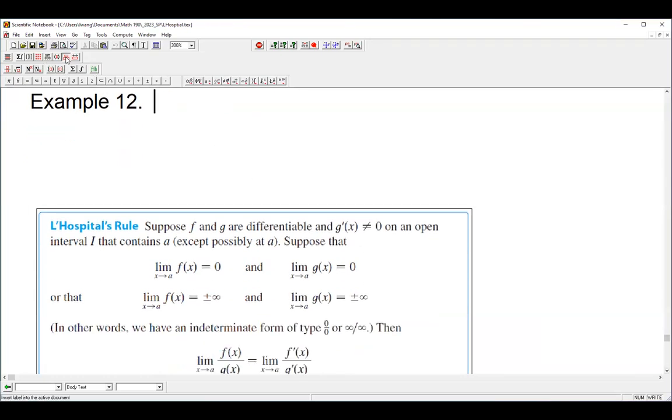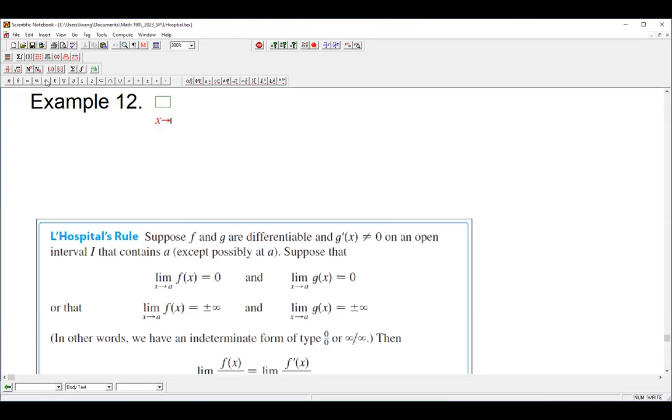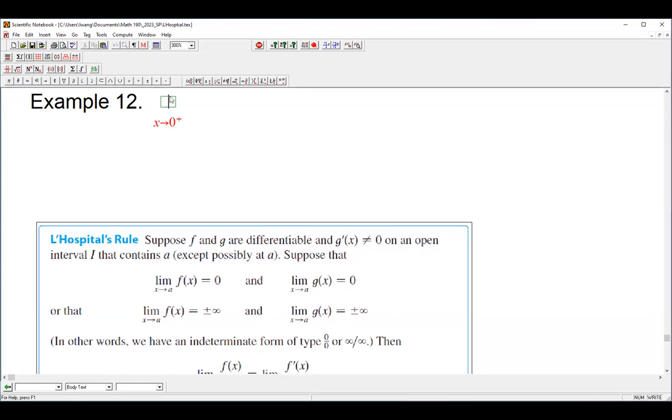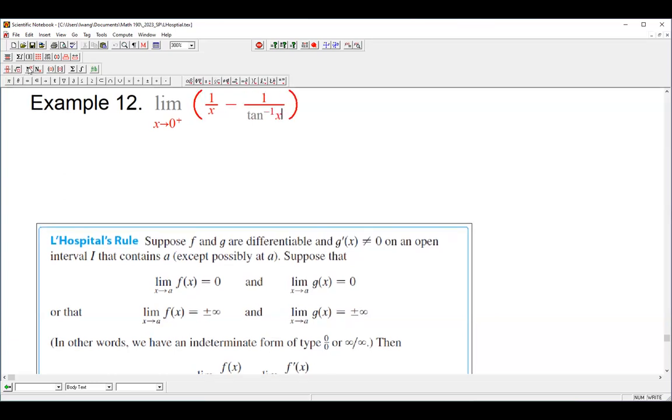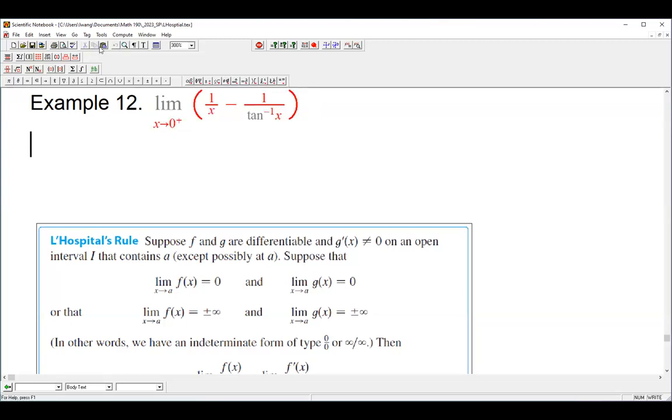X is approaching 0 from larger than 0, and we're taking the limit. And the function is in this form, 1 over x subtracting 1 over arctangent of x. What kind of situation is this?